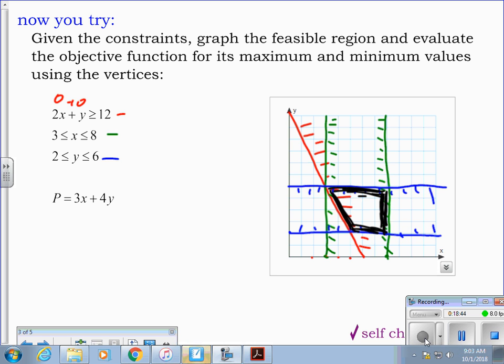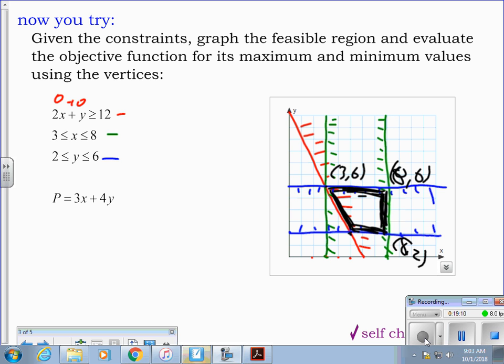My x's and y's aren't that hard to get for the most part. This one down here, the x is 8 and y is 2. This is the point 8, 6. This is the point 3, 6.